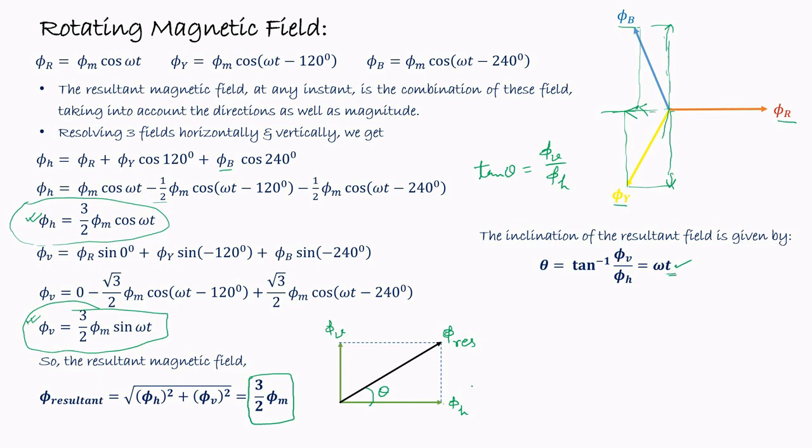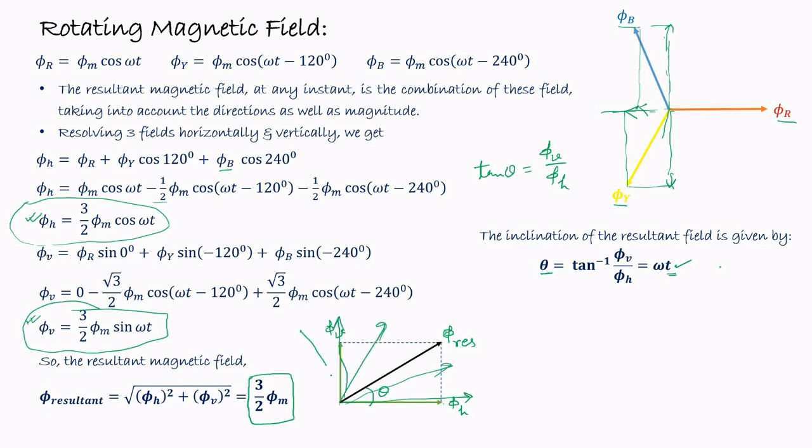Therefore, when time t is equal to 0, the value of theta will be equal to 0, and when theta is equal to 0, the resultant flux will be along the x-axis. Now, with the increase of time, the value of theta will also be increasing. Therefore, the position of the resultant flux will also change.